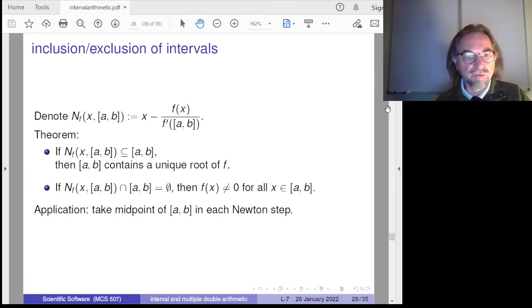If Newton's method is converging, then the Newton operator, seen as one operator, almost atomic, operating on these intervals a, b, applied symbolically, where x is still a symbol here, will give you an interval that is smaller. So the theorem is that if the interval that you get from there is smaller, then you have a unique root.